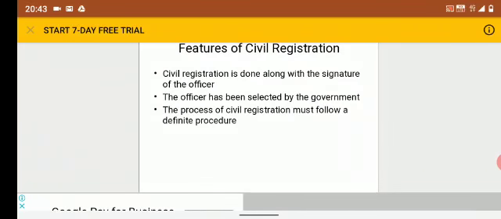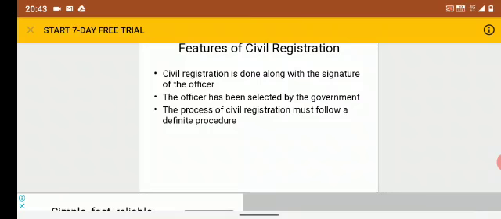After understanding the meaning, let us focus on some important features of civil registration in India. There are some features which are predominantly useful to the Indian situation. Civil registration is done along with the signature of the officer. The government officer should sign; his signature is necessary.